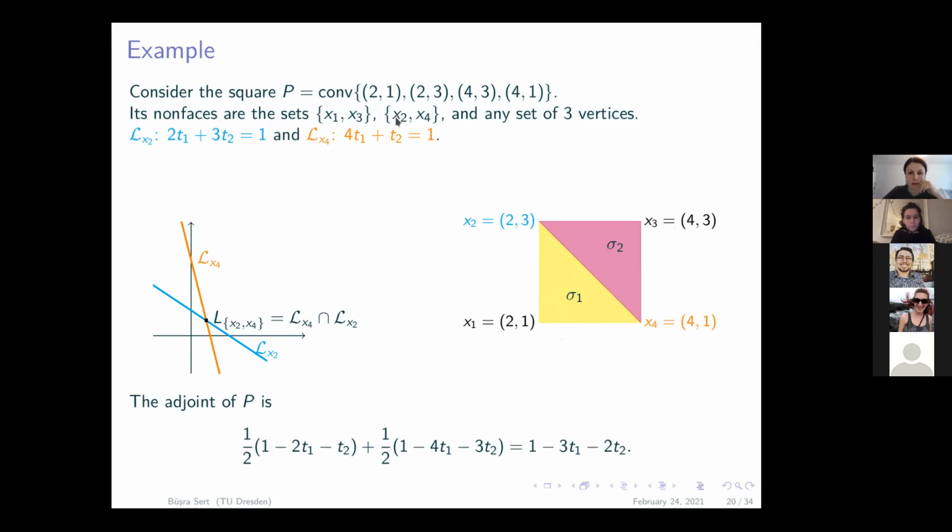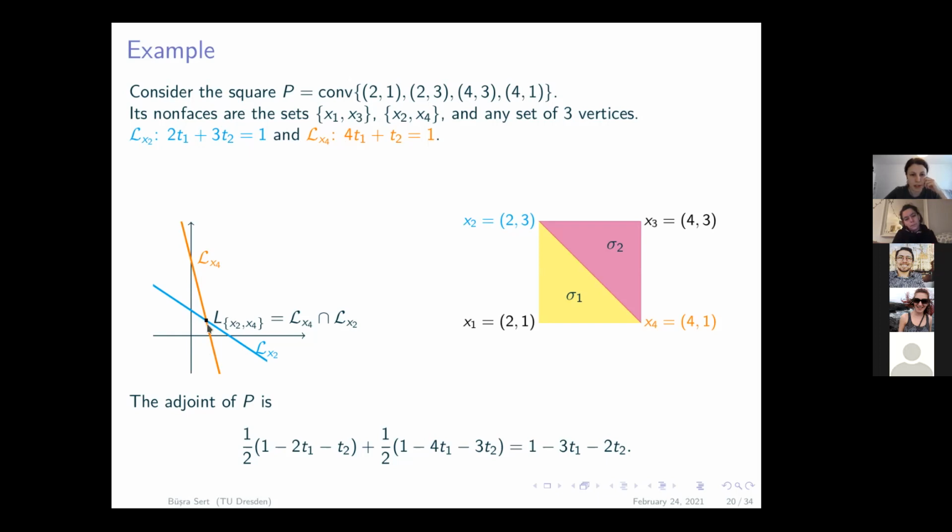For example, for x2, x4, we write those linear expressions for those vertices. For x2, it will be 2t1 plus 3t2 equals 1. And for x4, the vertex here, it will be 4t1 plus 1t2 equals 1. So here they describe those lines.